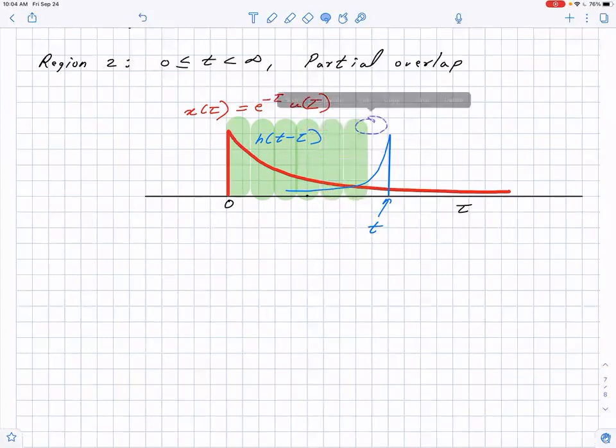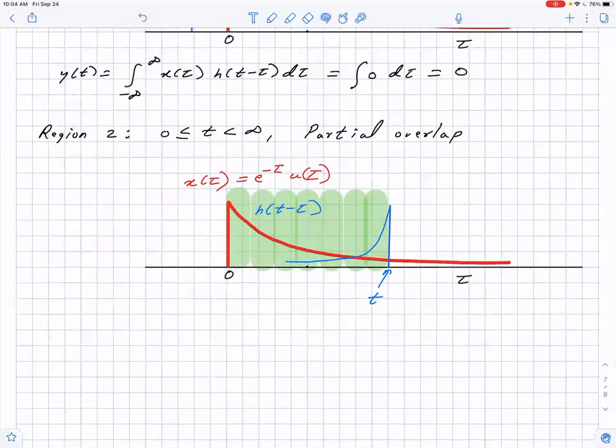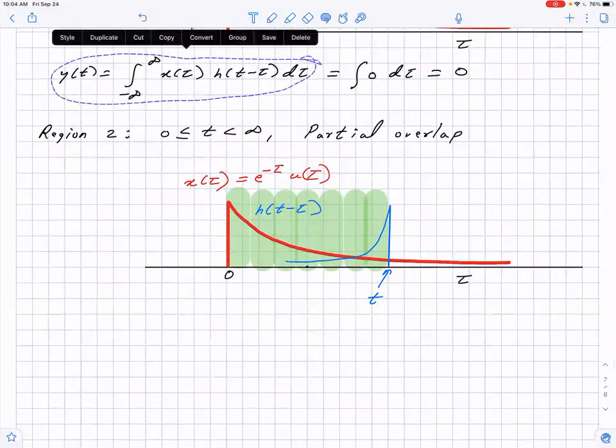So the shaded portion is the overlapping range. And now we consider the convolution integral. Okay, let me copy this from over here.